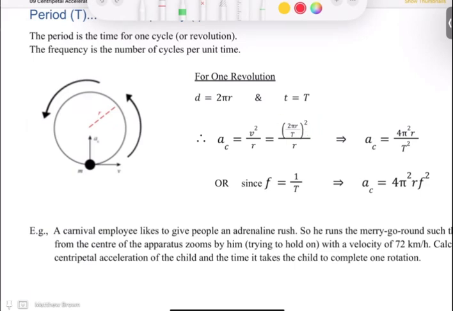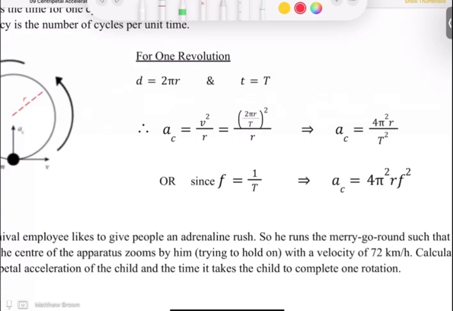We can rearrange that to get this over here. If you're given the frequency, since these are reciprocal relationships, F equals 1 over T or T equals 1 over F, whichever you prefer, then you can rearrange this same equation for F. Or you can just replace this T squared with 1 over F squared, which puts the F up on the top.